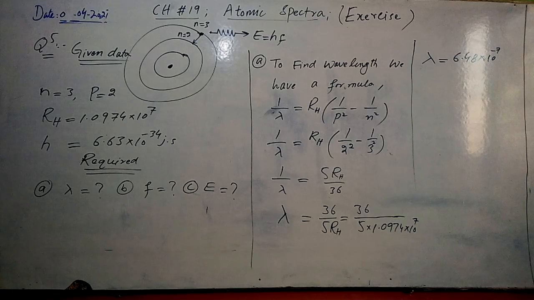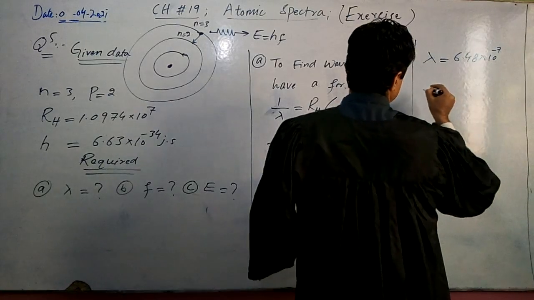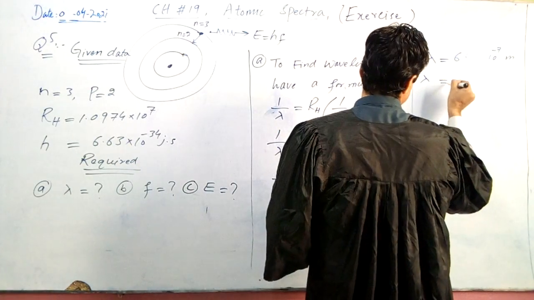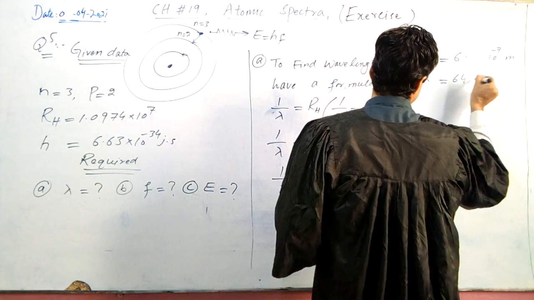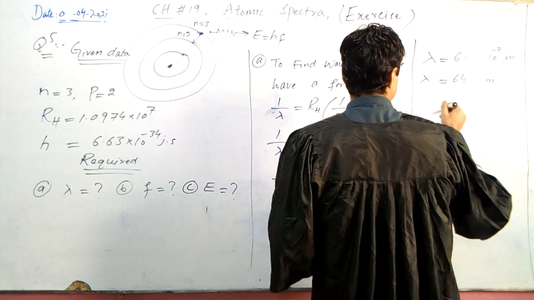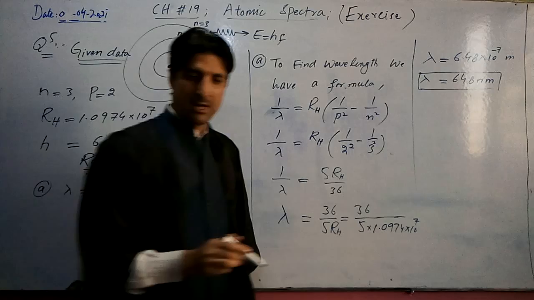If you want to convert this into nanometer, we have to multiply it by 10 power minus 2. This is in meter. Lambda equal to 648 nanometer. This n is a prefix which is equal to 10 power minus 9.